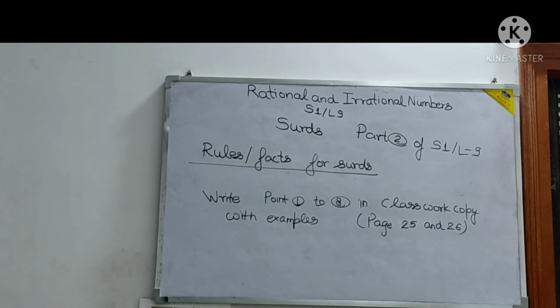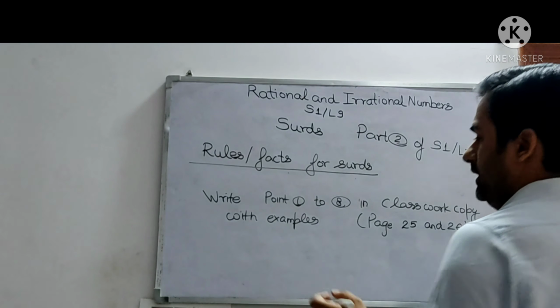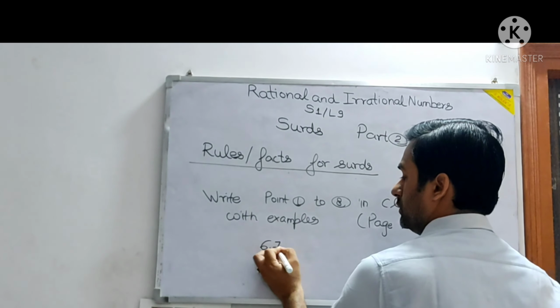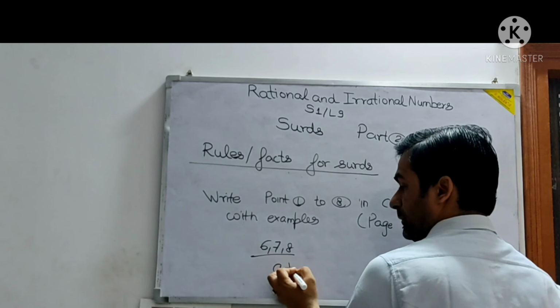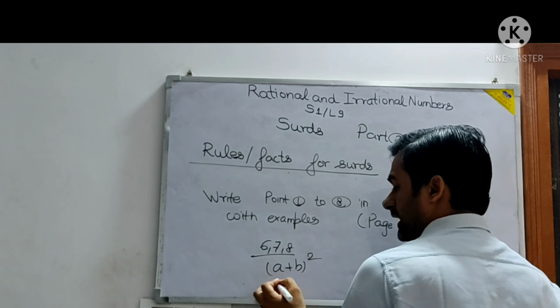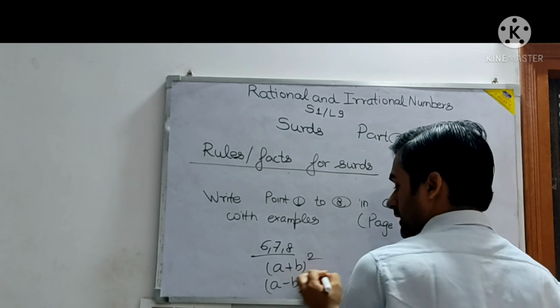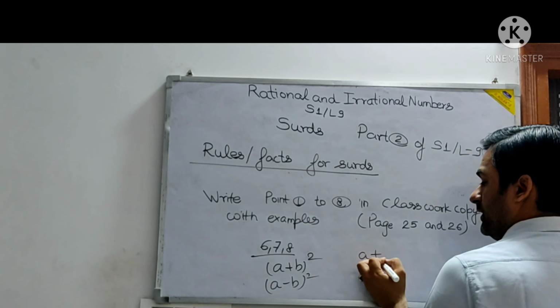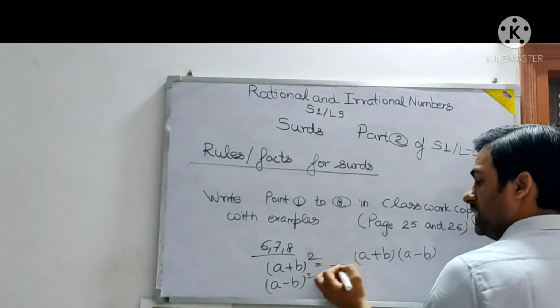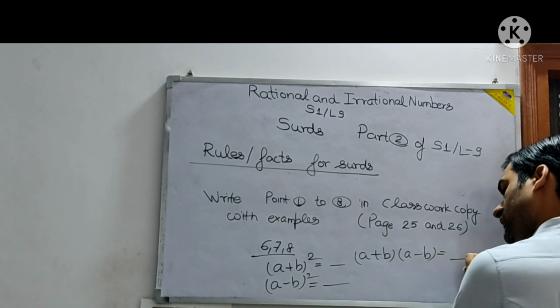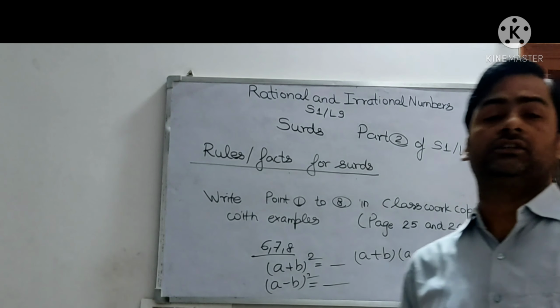Especially point number 5 you also know, but basically points 6, 7, 8 are new for you. You should know the squares: a plus b whole square, a minus b whole square, and a plus b into a minus b, which you did in class 8th also.